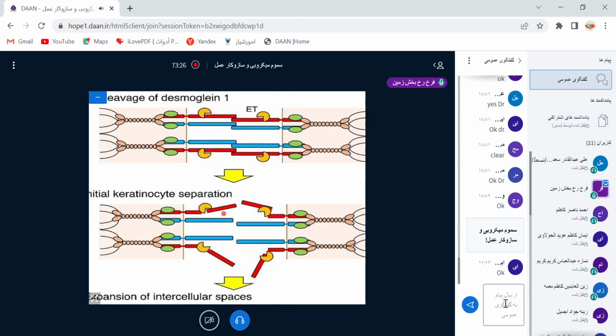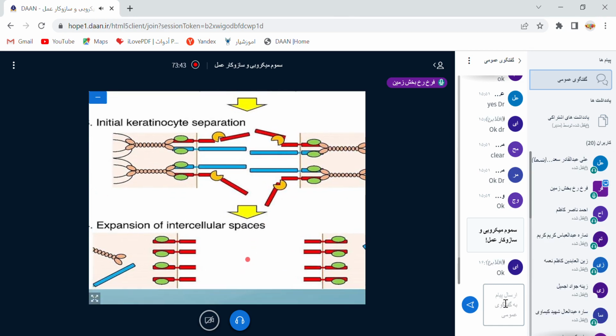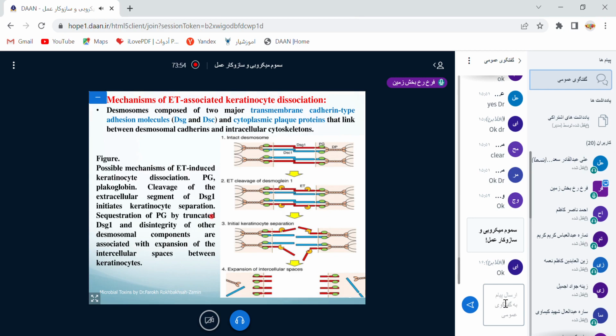When the red ones are broken, the blue ones don't have the power for continuing this bond, and they are broken also. So what happened? There is no bond, there is no connection between epidermal cells.